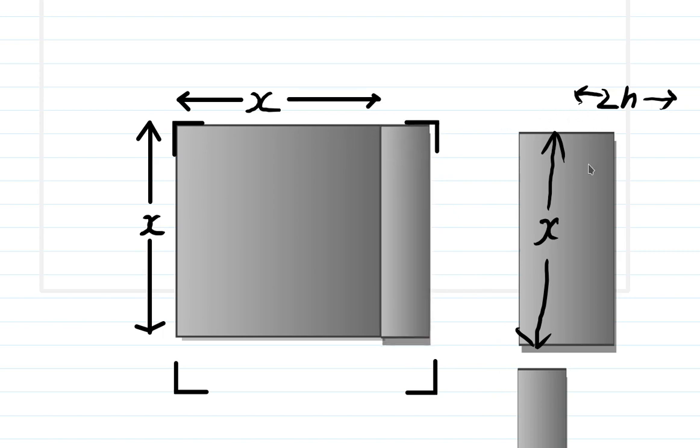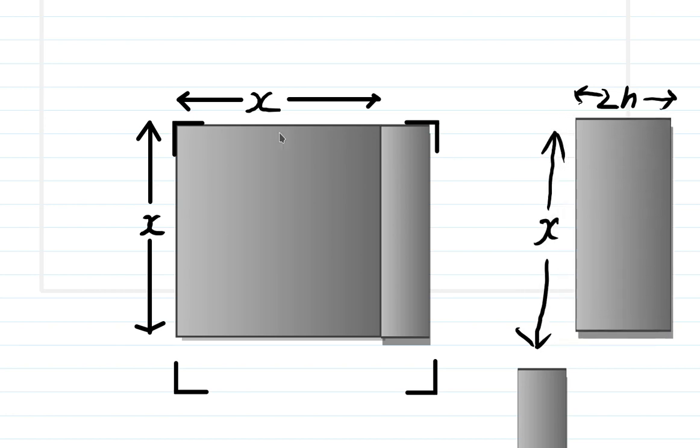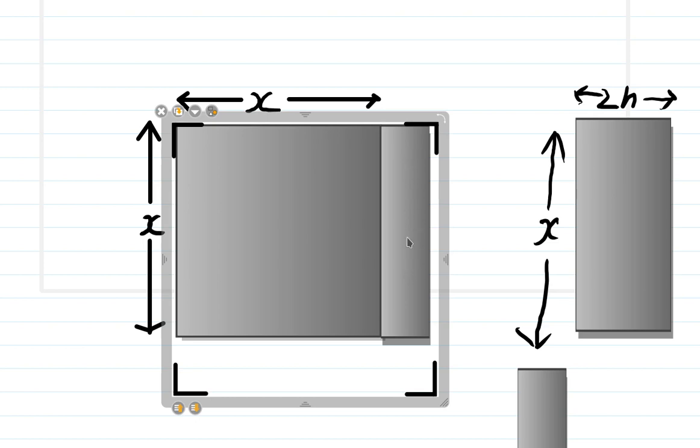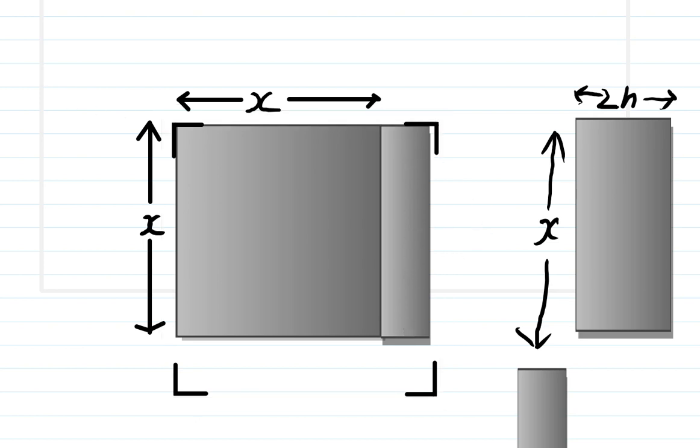Now, this other rectangle, it was 2h wide. So this rectangle now, let me just fit this thing in here. This rectangle is now half of 2h, which is h wide, and it is x high.